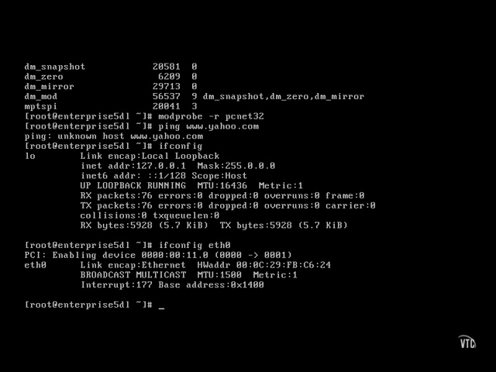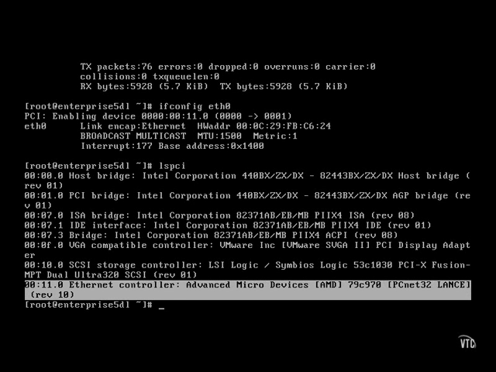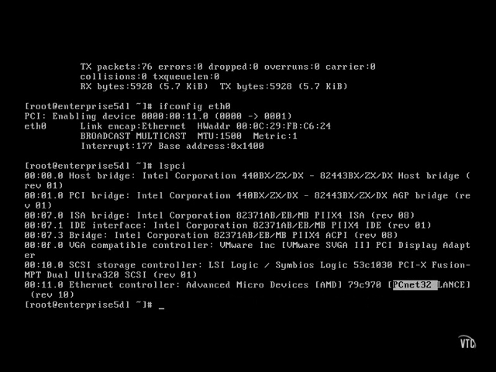And if you didn't know that PCNet32 were the driver, try the lspci command. And look at that. It identifies the Ethernet controller as well as the name of the driver.